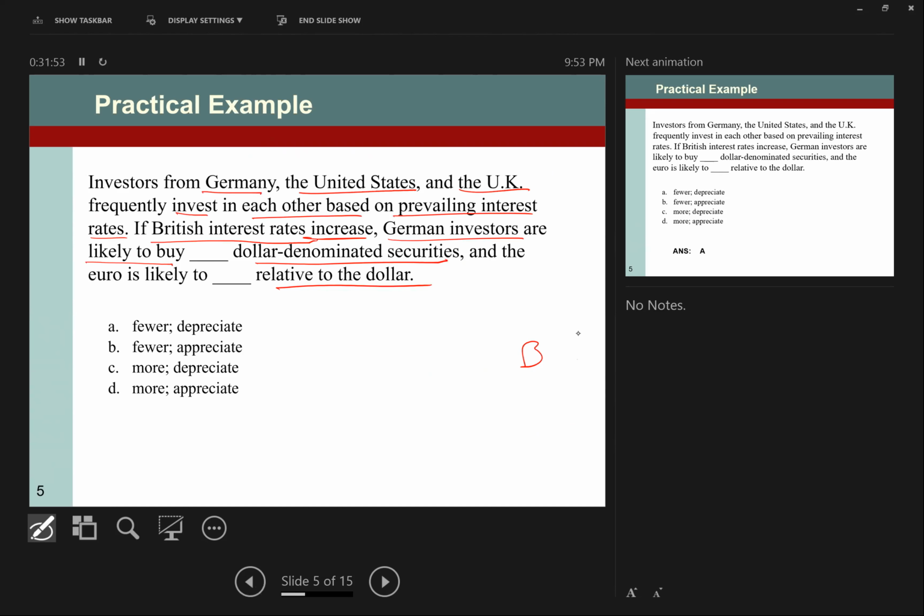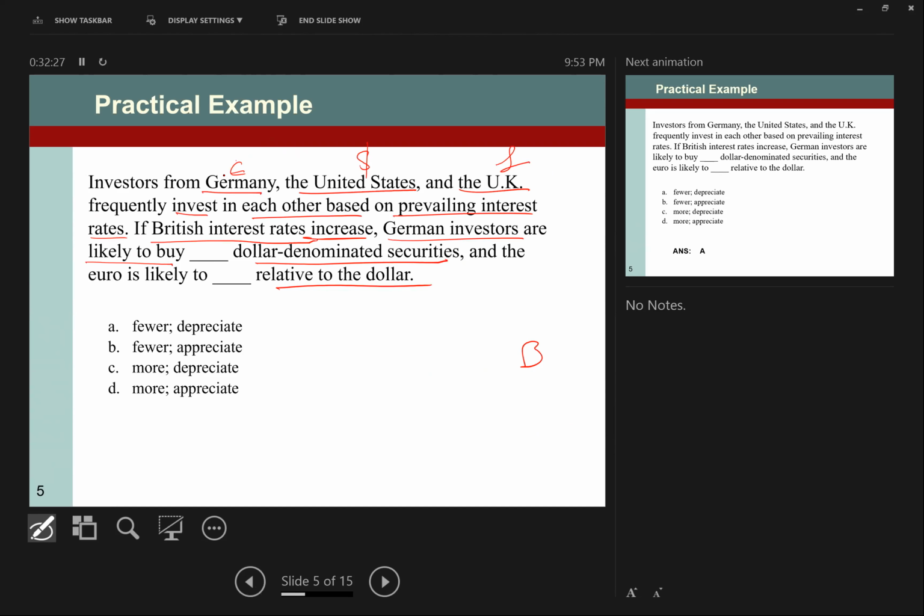So your answer is A or B? In that case, UK is not euro as well, right? It is the pound. UK currency is pound. Okay. Then it changes everything actually. I forgot about that. I think they're more likely to buy more dollars, and then they're likely to depreciate relative to the dollar.